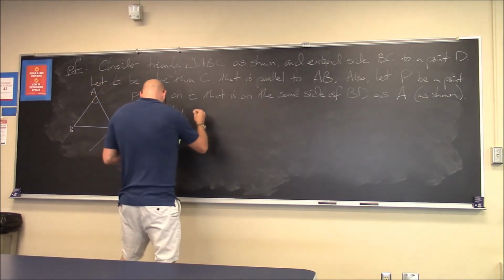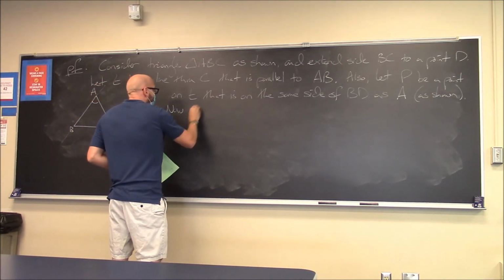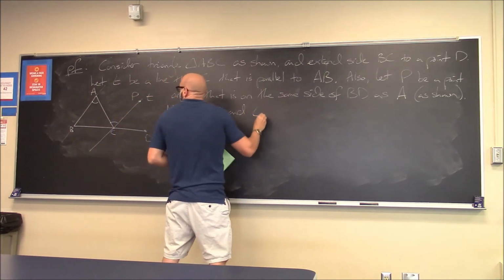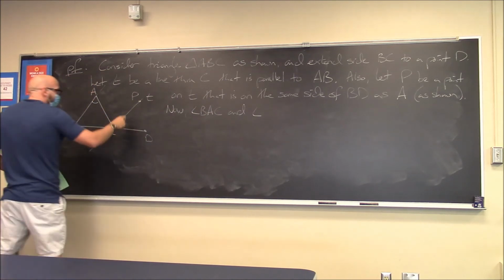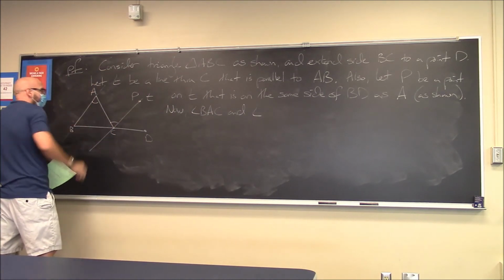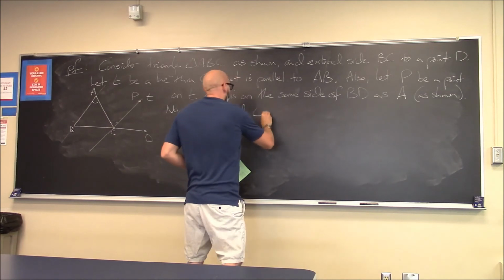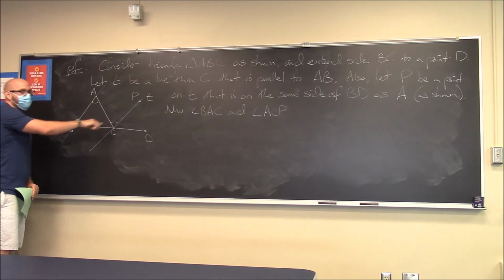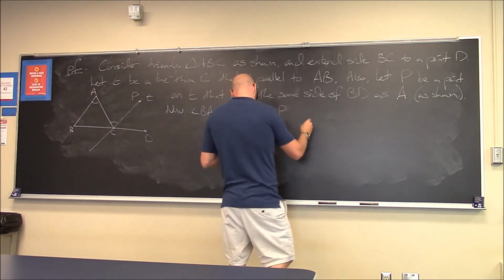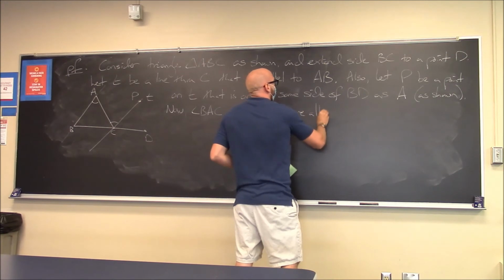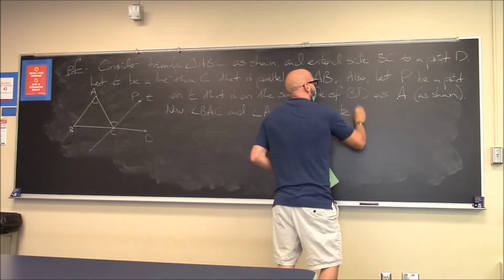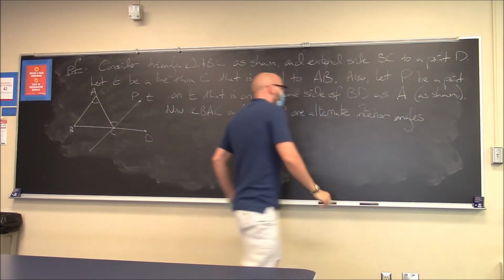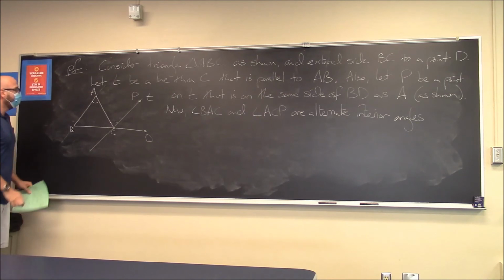So now, angle BAC and angle ACP, we'll label it the other way. These are alternate interior angles, so they're congruent.